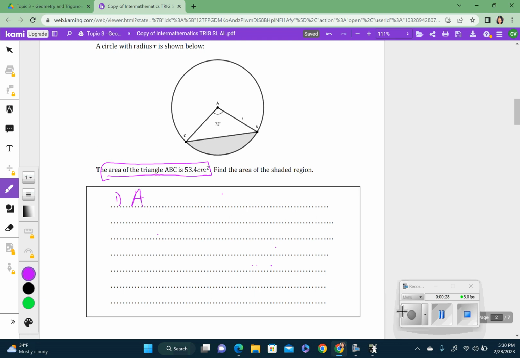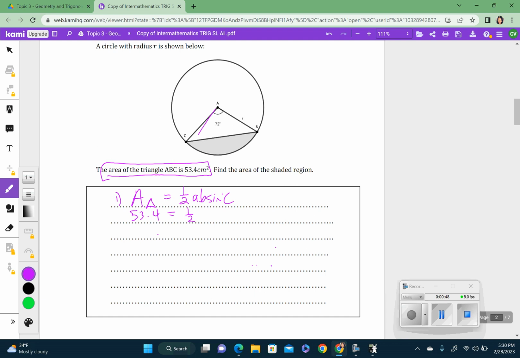We know that the formula for area of a triangle is equal to 1/2 ab sine C. That's given in the formula booklet, so just look it up. They tell us that the area is 53.4, so I'm going to plug in 53.4 is equal to 1/2 ab.